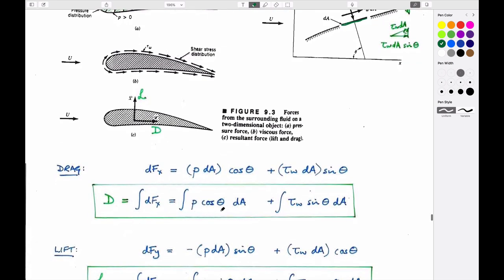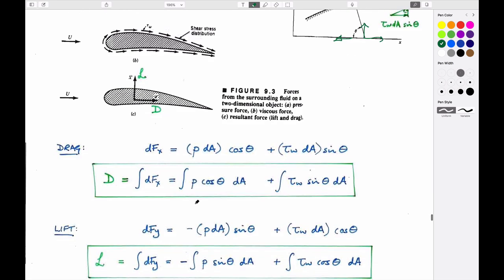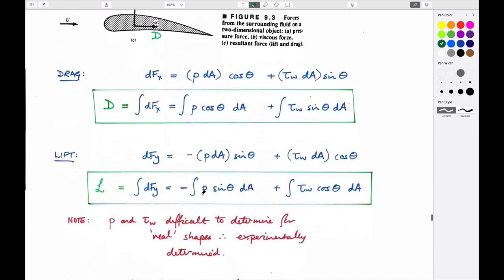And if we do that, we come up with a relatively straightforward expression where the components of the pressures are just integrated over the length of the contour and have an angle. The angle in this case is measured with 0 in this direction. This would be theta 0, this would be theta 90, 180, etc. And they give the correct orientations of these forces.